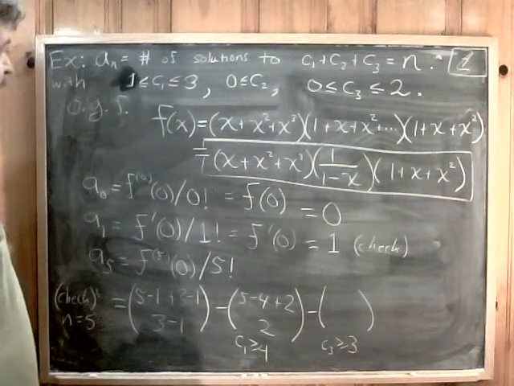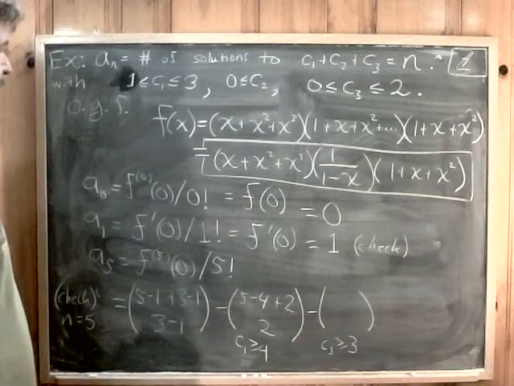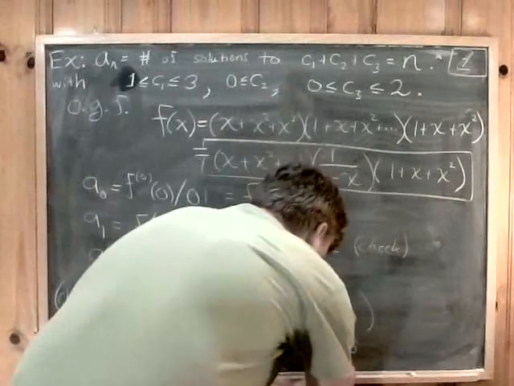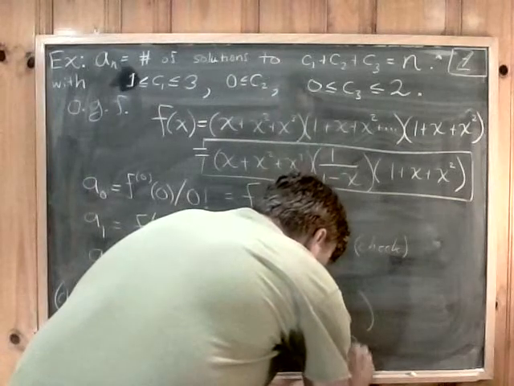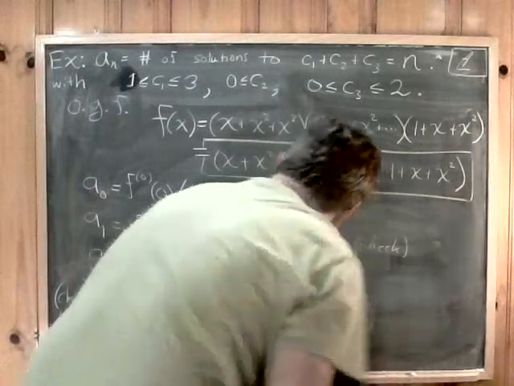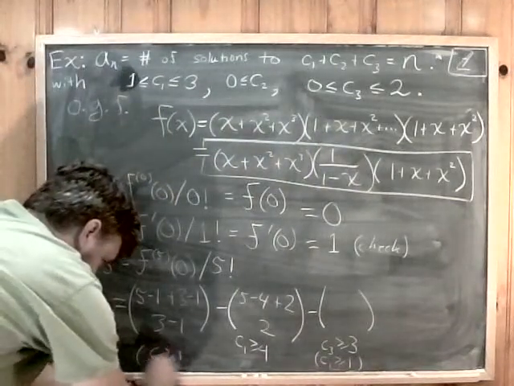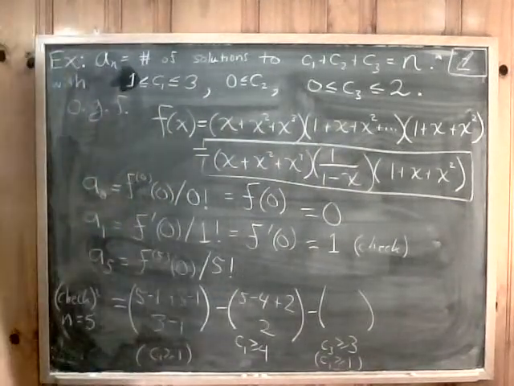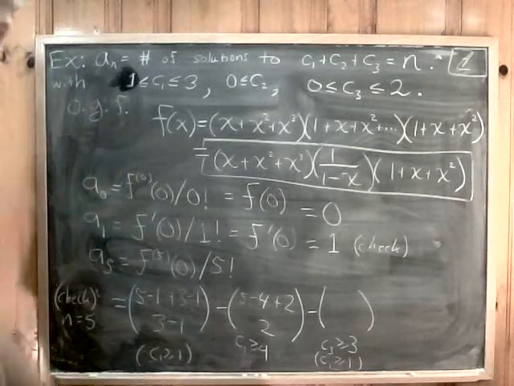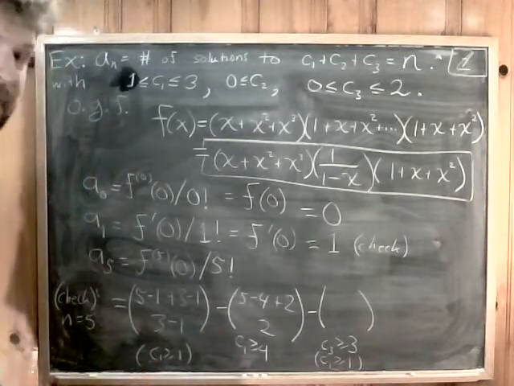Because that's required. That has to always happen. So you can put that here too. C1 greater than or equal to 1. Because that's part of this one. We're including only those cases to begin with. So I have to make sure I only subtract those cases.